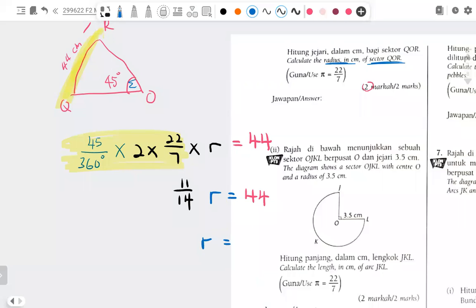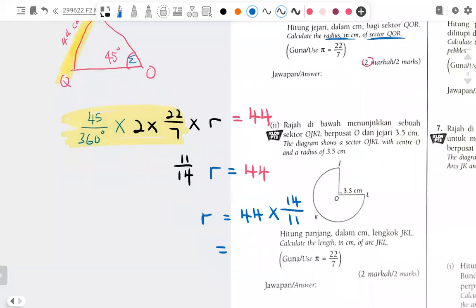But if you want to change it to multiply, then it will become 44 times 14 over 11. You try again and see. Are you pressing times 11 over 14? Upside down, is it?